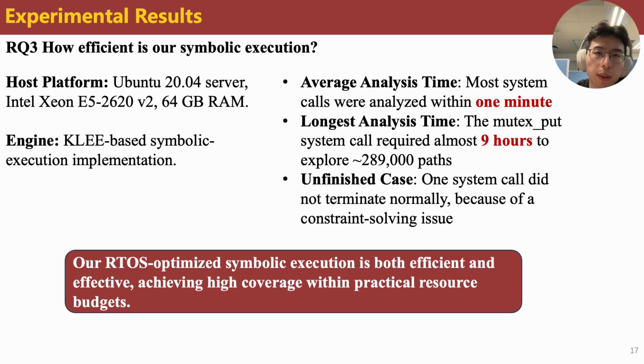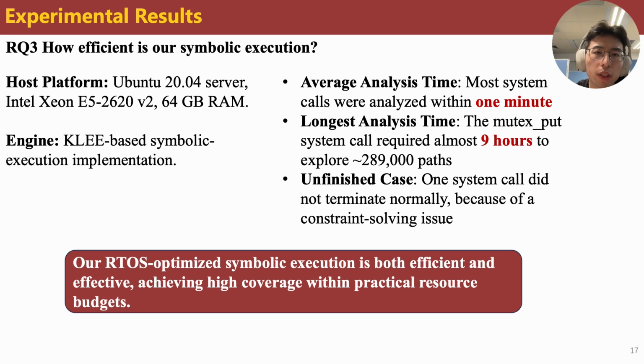Our fourth question is about the efficiency of our symbolic execution engine. With our optimized symbolic execution, we found most system calls can finish under 1 minute, and the mutex put was the slowest, taking about 9 hours due to many branches and loops in the symbolic execution.